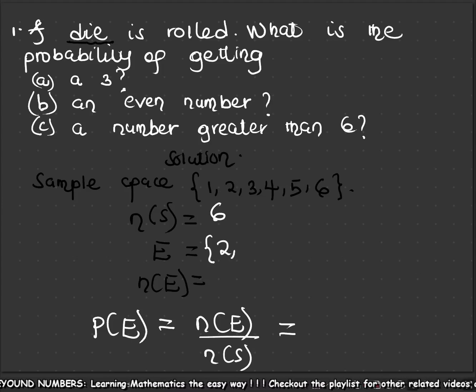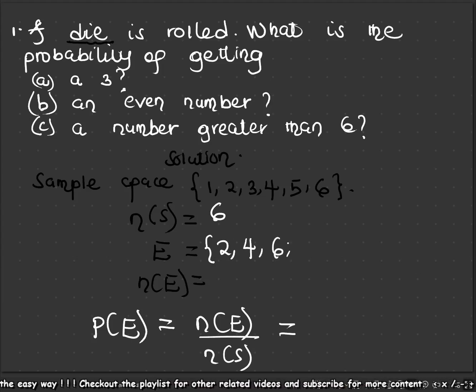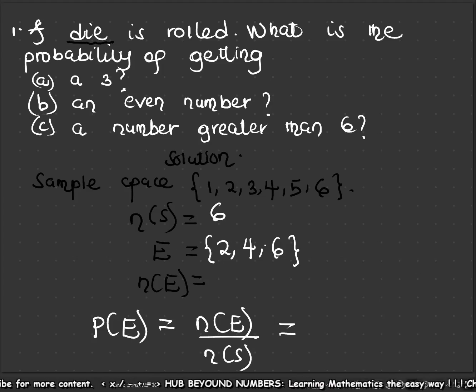We have 2. And remember, even numbers are just the multiples of 2. So we have 2, 4, 6, and we don't go to 8. Why? Because we are limited by our sample space. What is in the sample space is what we can produce out here. How many elements do we have in this event, or what is the cardinality of this event?